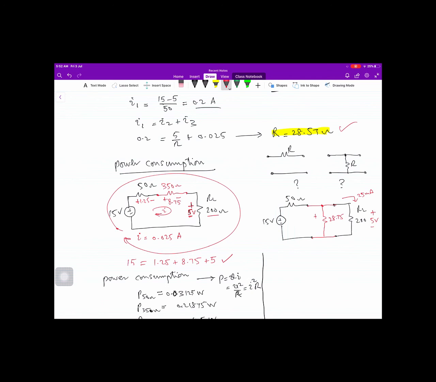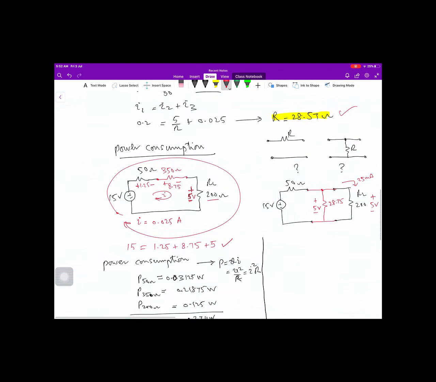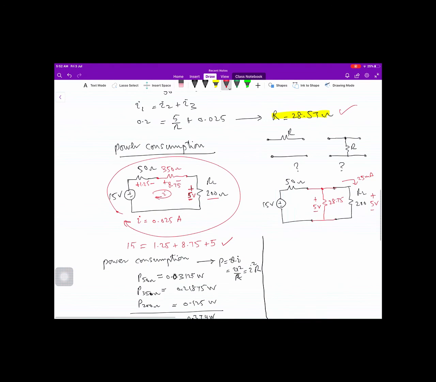The voltage across this interface resistance is also 5 volt. So in this case, we know that this is voltage rise, and this is voltage drop, and this is also voltage drop. Therefore, we can quickly say that this voltage is 10 volt.